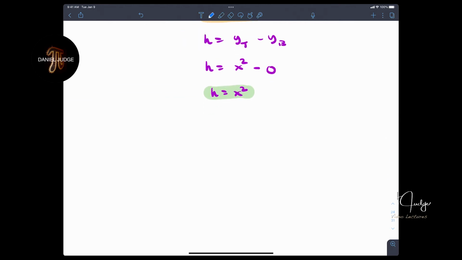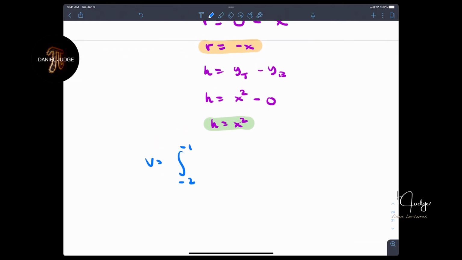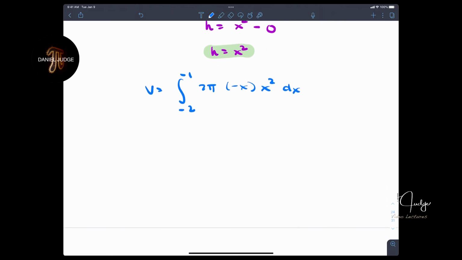So let's see what this volume is going to be. From -2 to -1, 2 pi -x x squared dx, which becomes -2 pi x cubed dx.